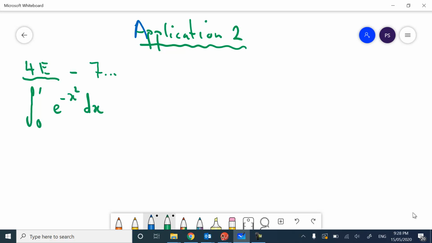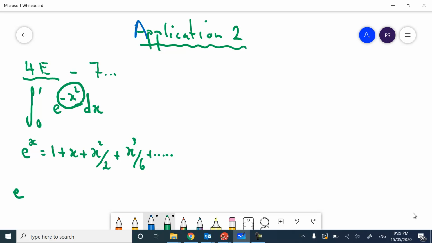Okay, let's do that. First of all, I'm just going to write down what e to the x is as a series. So I've got 1 plus x squared on 2 plus x cubed on 6 plus dot dot dot, and then I want to substitute in, replace x with minus x squared.